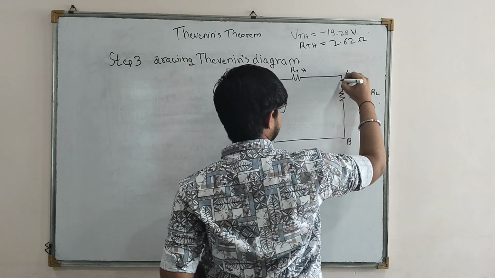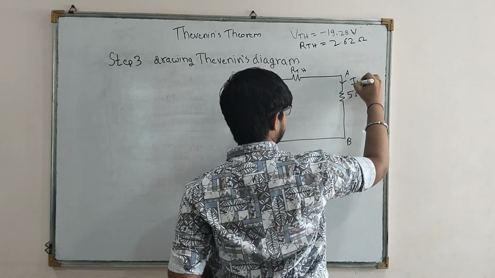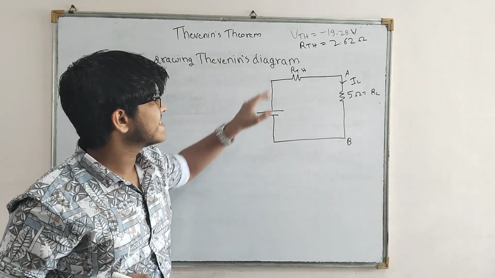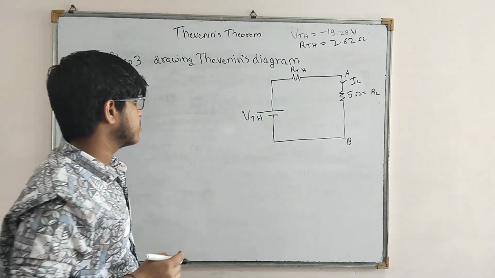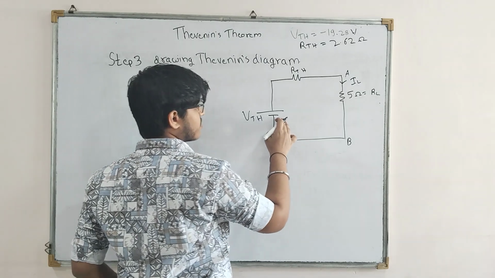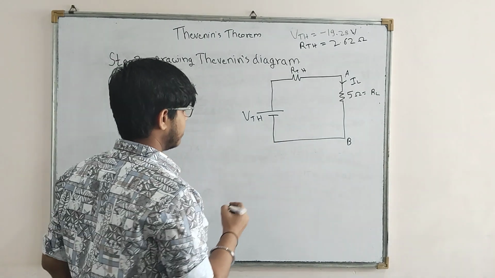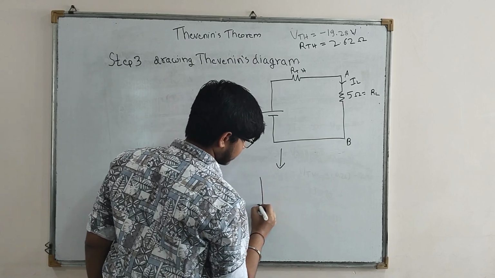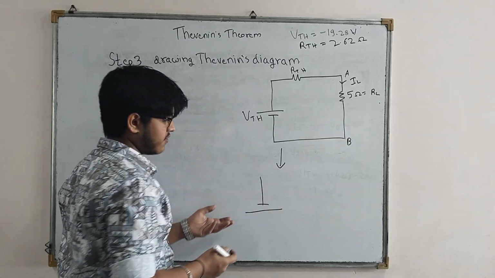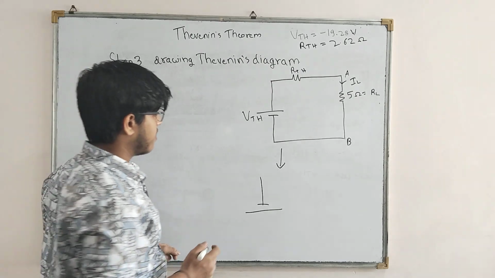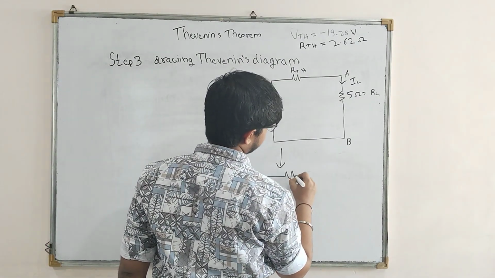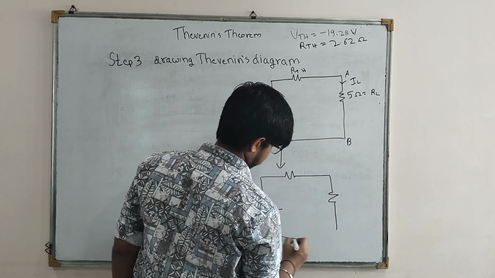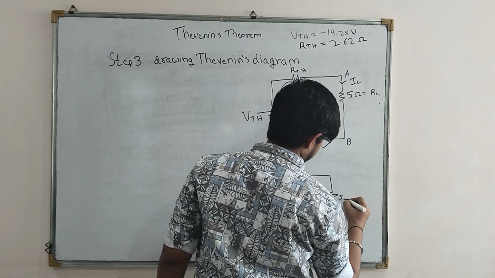So by convention we will write IL in this direction, but as we have seen, VTH is having a negative direction, so drawing VTH like this won't make any sense. So we will convert this diagram into our final diagram, which will be like this. This EMF source will get reversed. I will write it with magnitude also. 5 ohm.